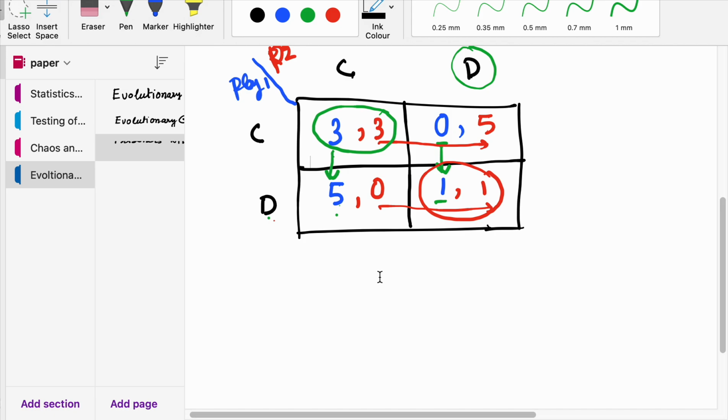Now, if you want to explain why people want to cooperate, this question matters in evolutionary game theory too, because the cooperation we have discussed is much needed for evolution itself, for creating life itself.